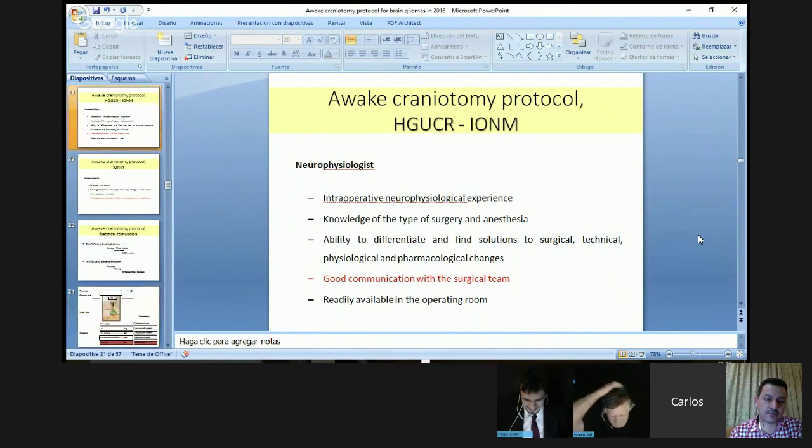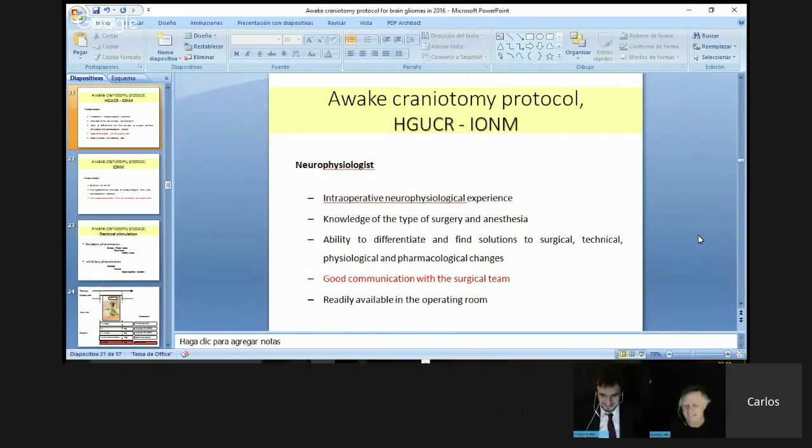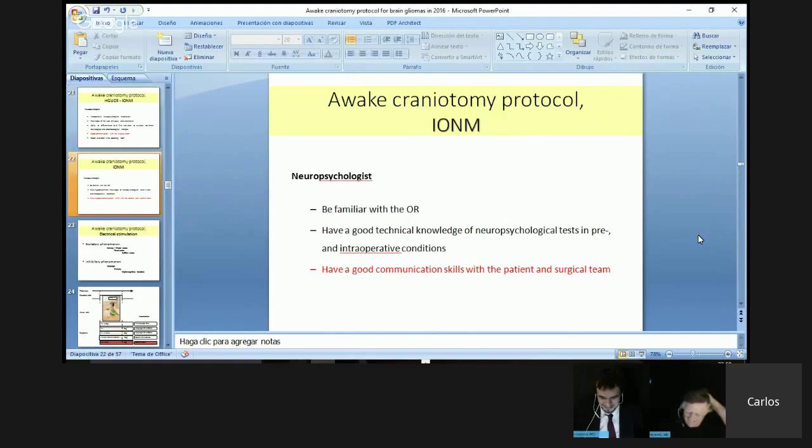We also need a neurophysiologist who interprets neurophysiological experience, who has knowledge of the type of surgery and anesthesia, the ability to differentiate and find solutions to surgical, technical, physiological, and pharmacological changes, who has good communication with the surgical team, and who is readily available in the operating room.